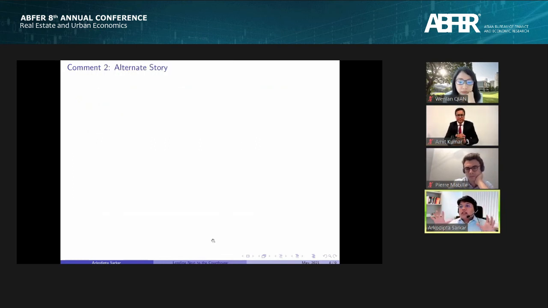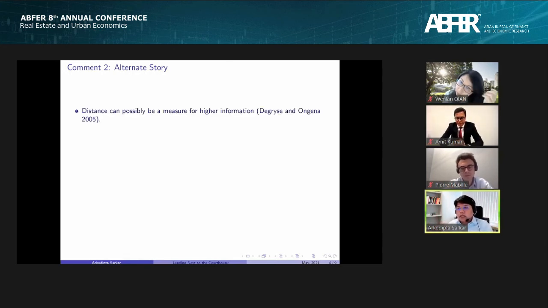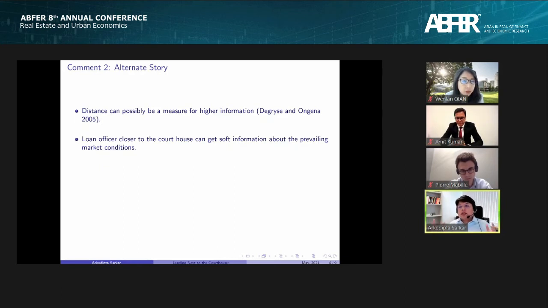There is this existing literature that has talked about distance being a proxy for higher information as well. Now, loan officers who are closer to the courthouse, who, while walking, see the various foreclosure events taking place, can also have higher soft information about the prevailing market conditions.